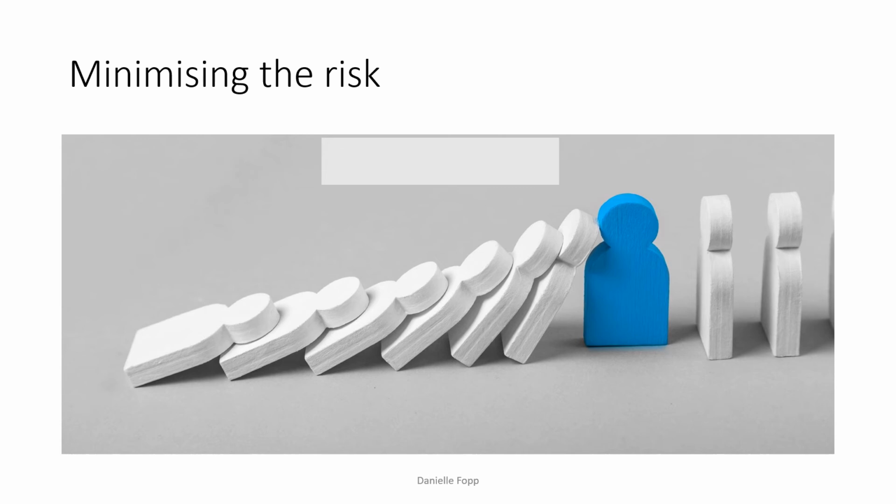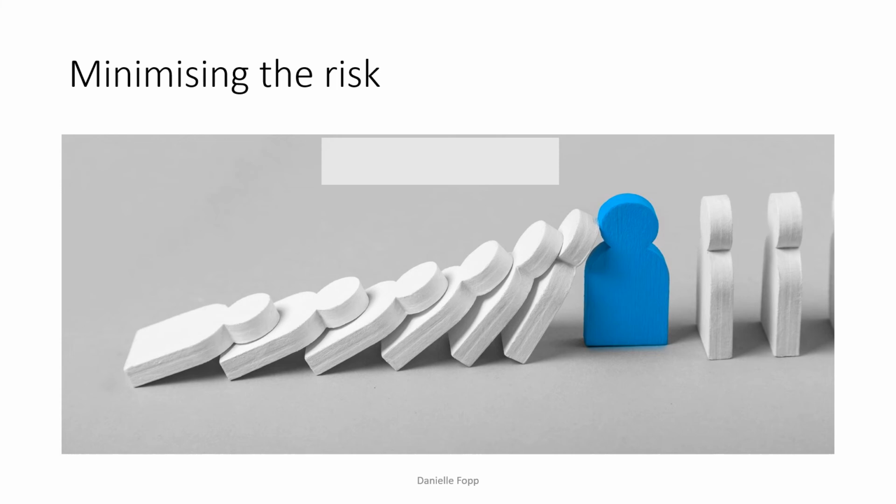Okay, so we've identified that the project might have some risks from the technical appraisal. We know that if these risks are not addressed, it can lead to things like cost overruns. So what can we do to minimize the risk?